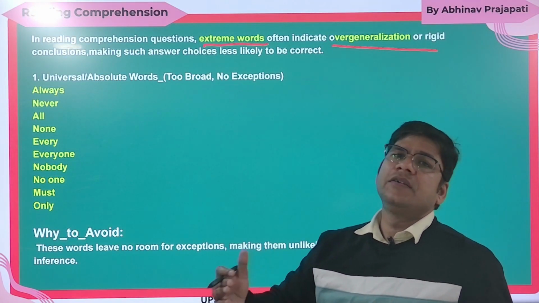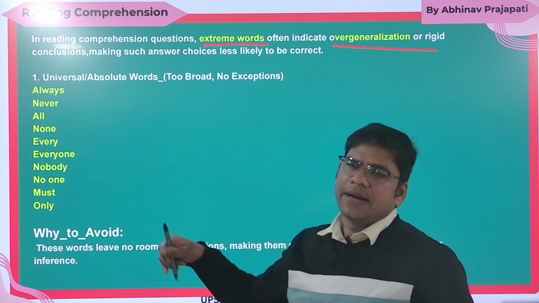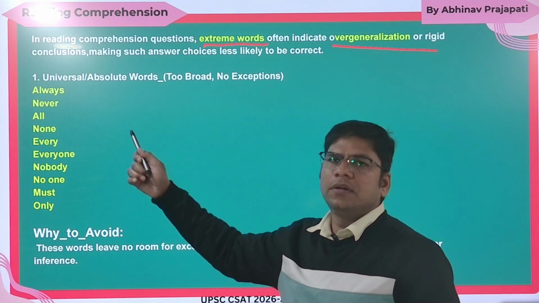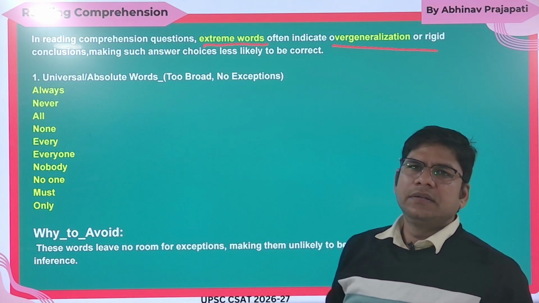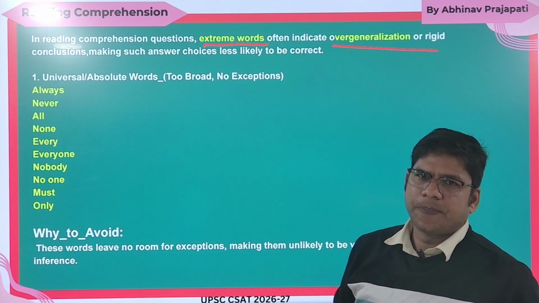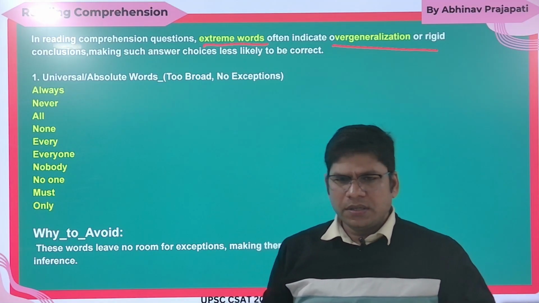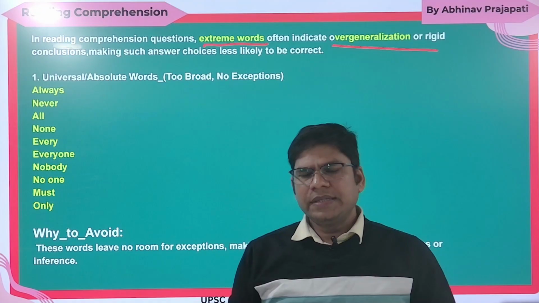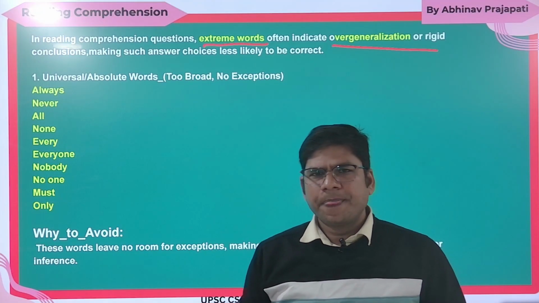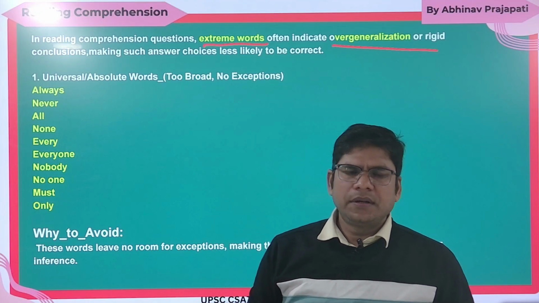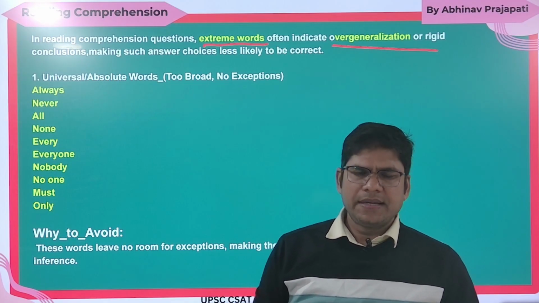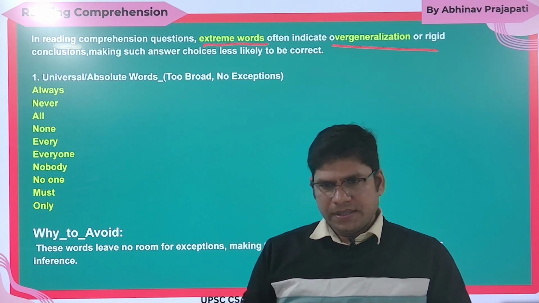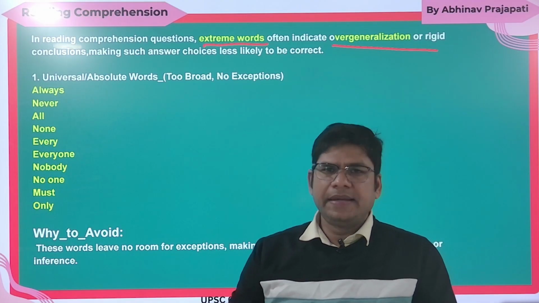In about 98% of cases, an option consisting of these words is not correct. After reading the passage, you will realize that the author in the passage has balanced ideas. So we must take options which are balanced and moderate.